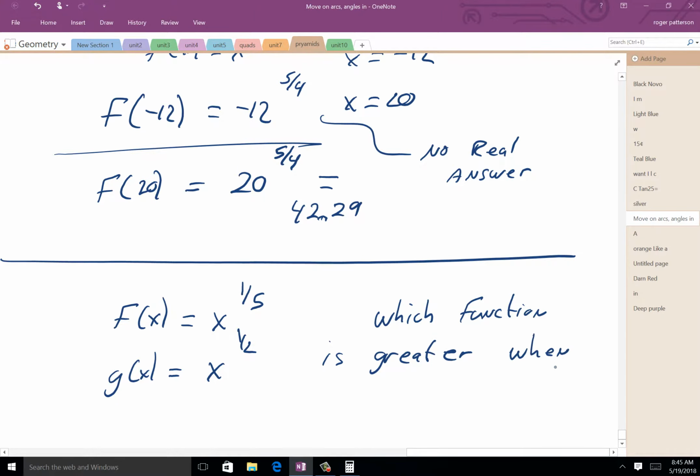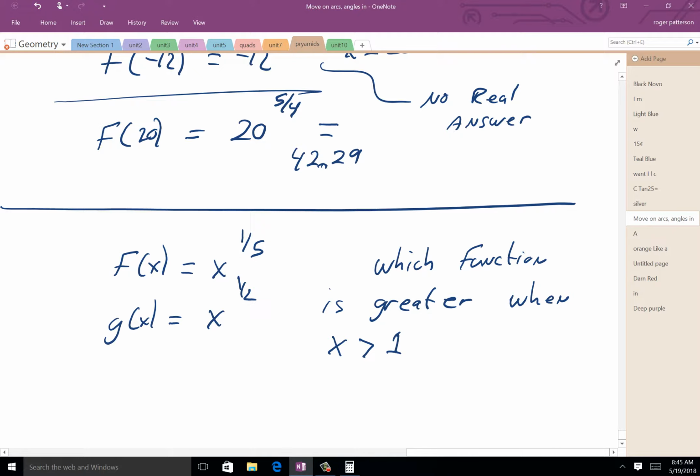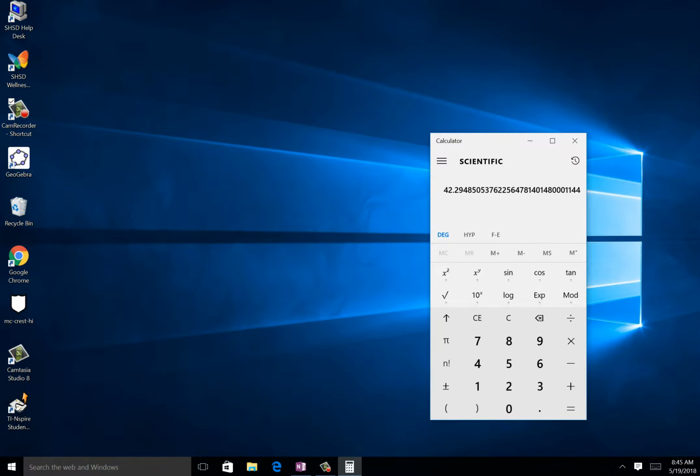Okay, got to graph them. Well, here we go.